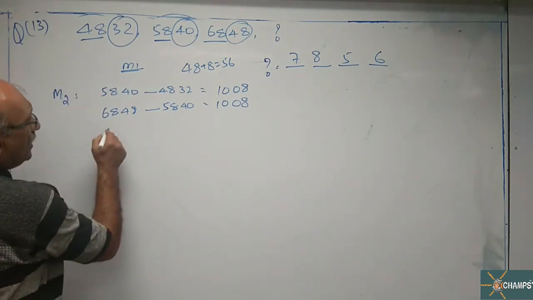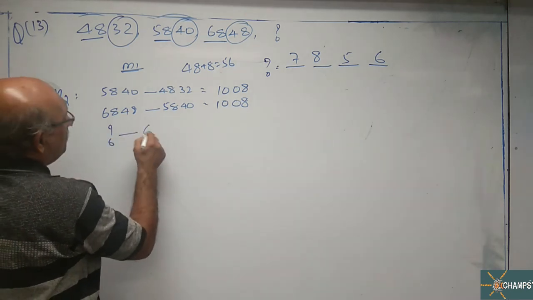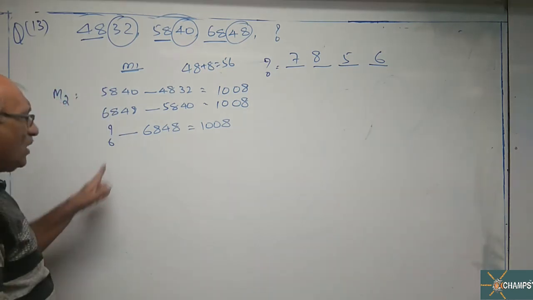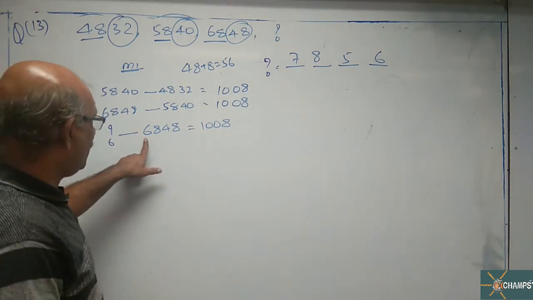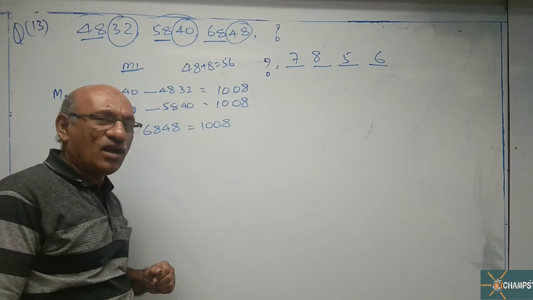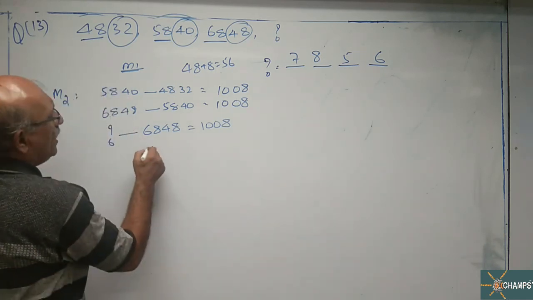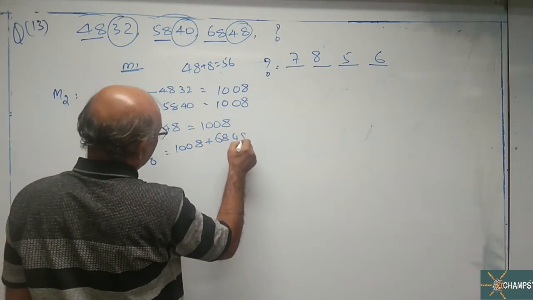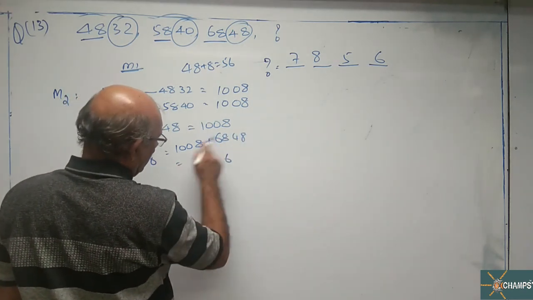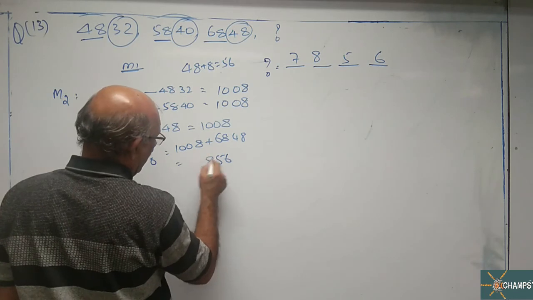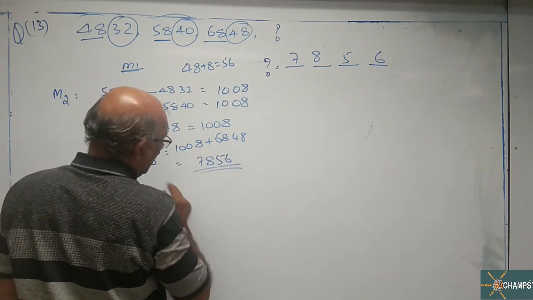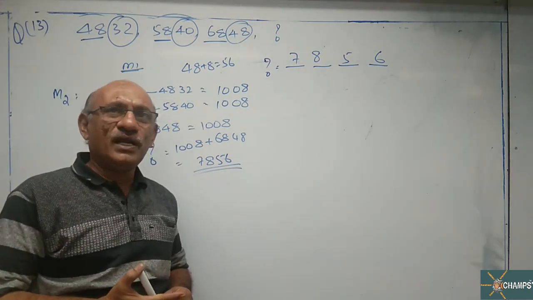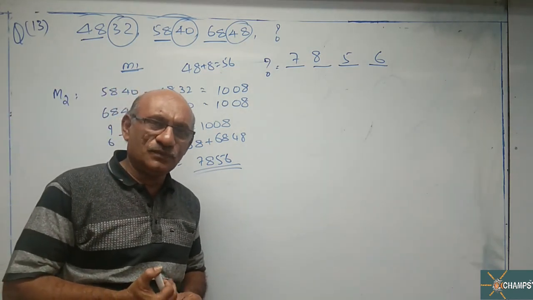Then, sir, question mark minus 6848 is also equal to 1008. Question mark is equal to 1008 plus 6848: 8 plus 8 is 16, 4 plus 1 is 5, 8 plus 0 is 8, 6 plus 1 is 7. The same number is generated this way also.